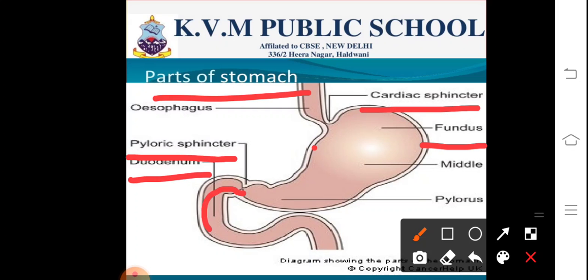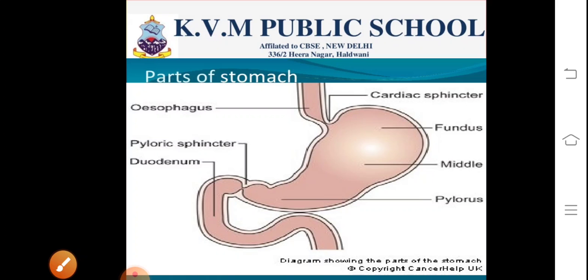So there are 2 openings, one from the esophagus into the stomach and the other from the stomach into the small intestine. The primary opening is the cardiac sphincter. The opening from the stomach into the small intestine is the pyloric sphincter, and the other part is the fundic part of the stomach, which is lined with smooth muscles, where the basic process of digestion will take place.